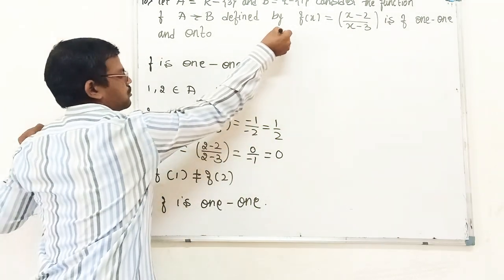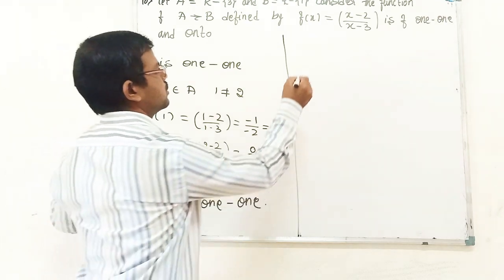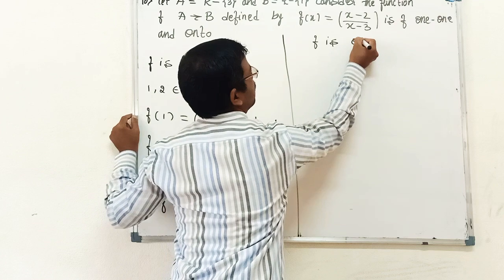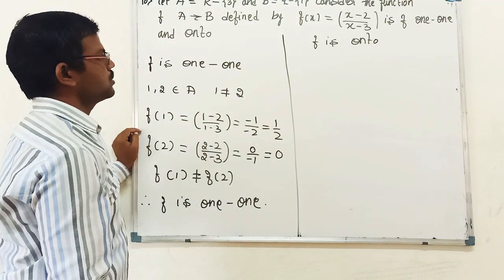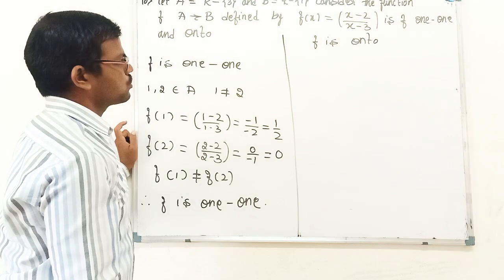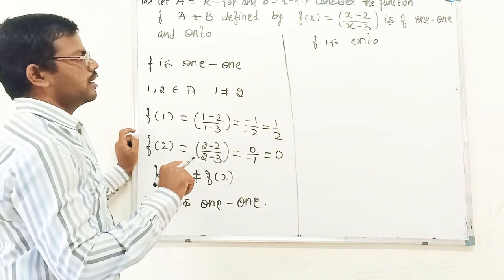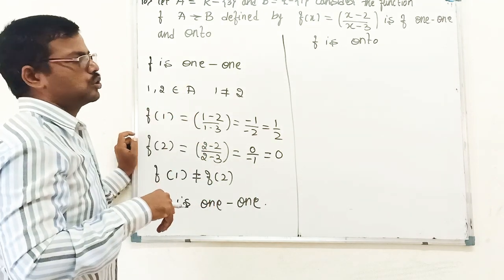So next we come to the onto function. So f is onto. For f to be onto, what do we have to show? We have to convert x in terms of y. Why?